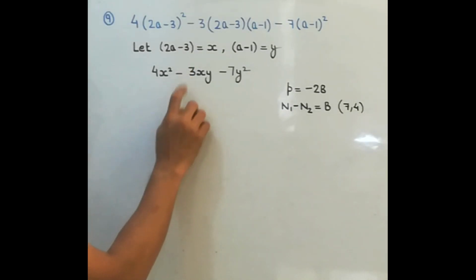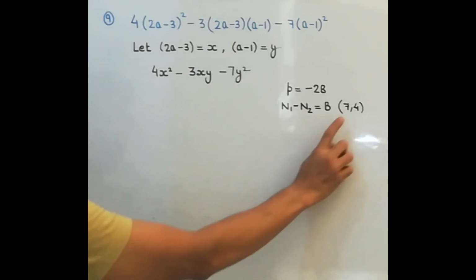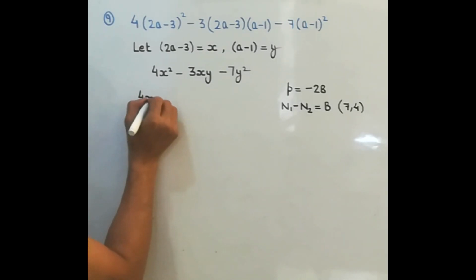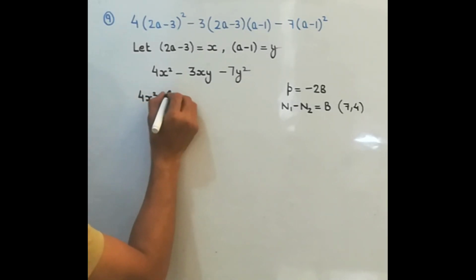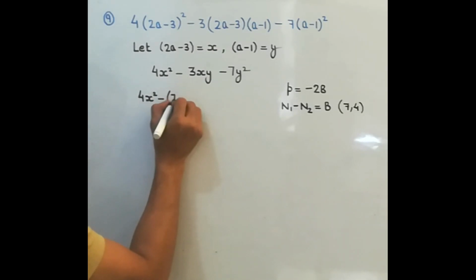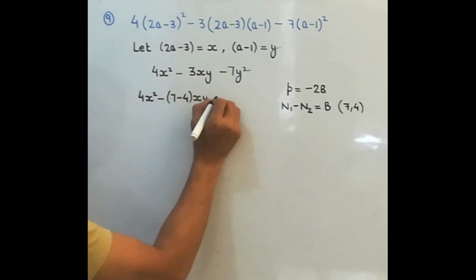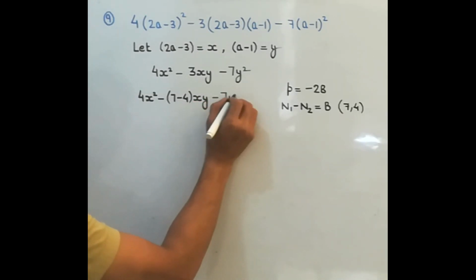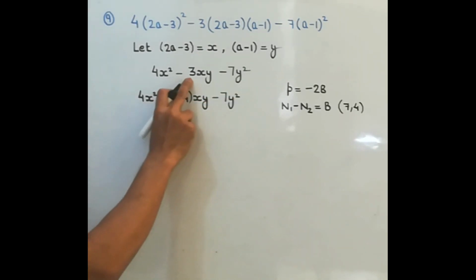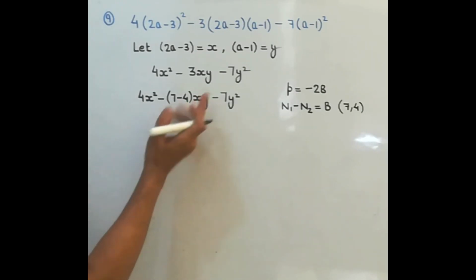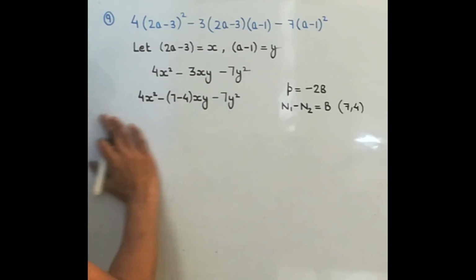This b will be replaced by n1 minus n2, 7 minus 4. b will be replaced by 7 minus 4. The rest will remain as it is. In this step, you only have to replace b with n1 minus n2. The rest of the terms will remain as it is.